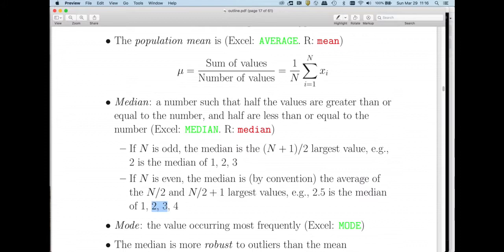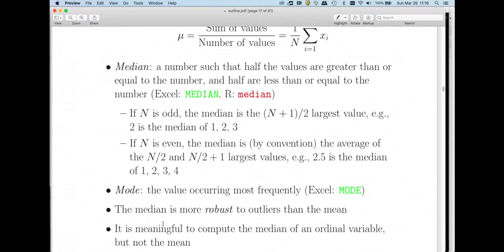We can compute medians of ordinal data. We cannot compute the mean of something that is strictly ordinal. It just doesn't make sense. The mode is a value occurring most frequently, and it's indicated by a peak in my histogram.